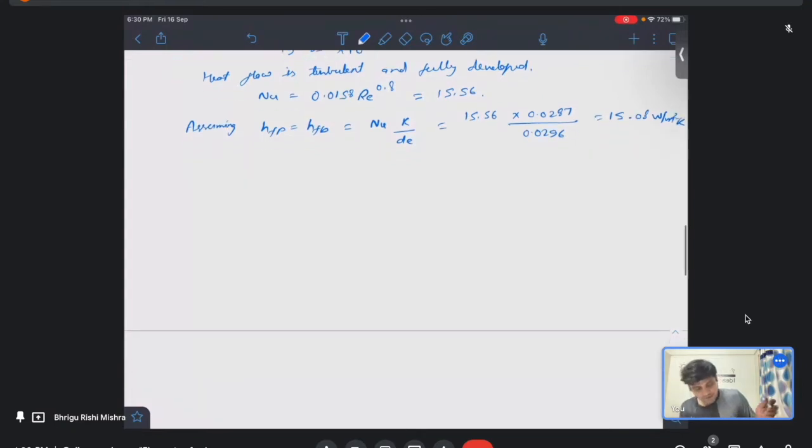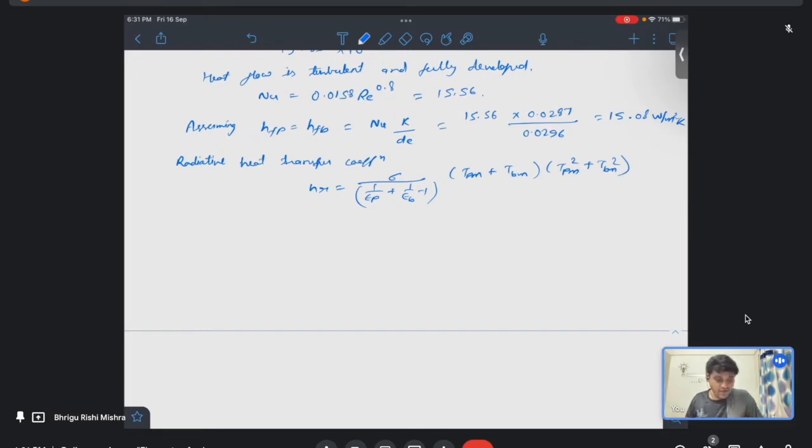Okay, so we can calculate now the radiative heat transfer coefficient, which is HR equals sigma by 1 by epsilon P plus 1 by epsilon B minus 1, and TPM plus TBM into TPM square plus TBM square.